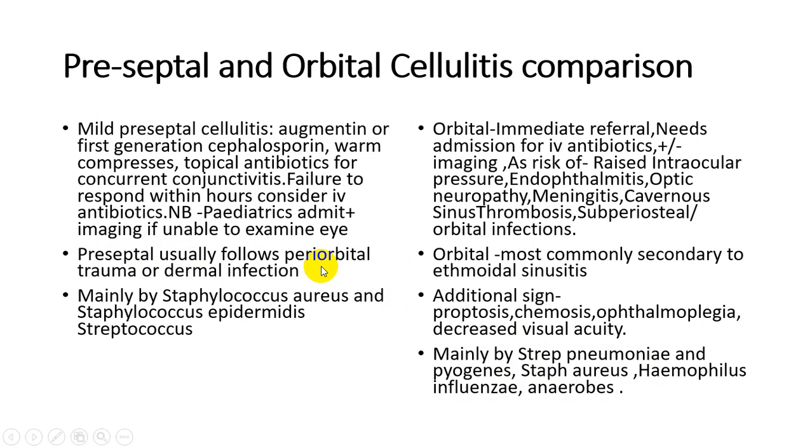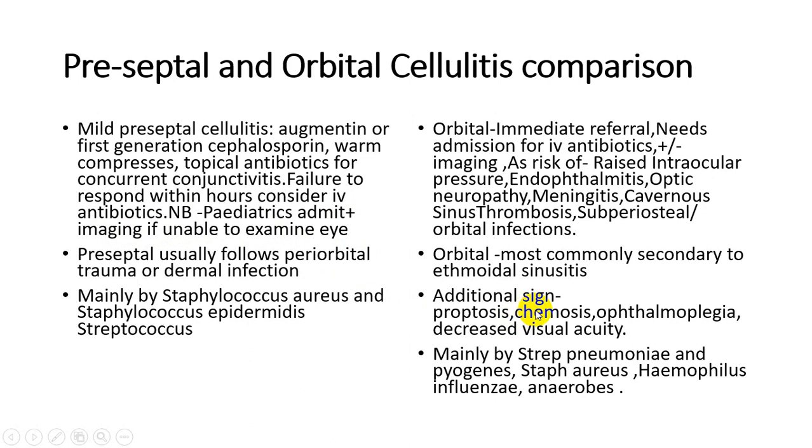Preseptal usually follows periorbital trauma and dermal infections, and it is treated with Augmentin or a first generation cephalosporin, and topical antibiotics for concurrent conjunctivitis. With failure to respond within hours, you can use IV antibiotic, and for pediatric patients admission is better, and imaging may be needed if unable to examine the eye.